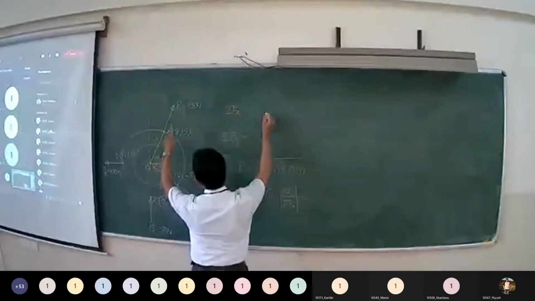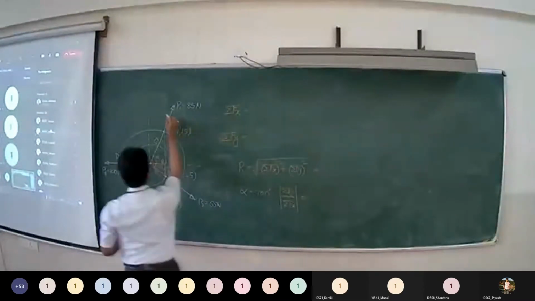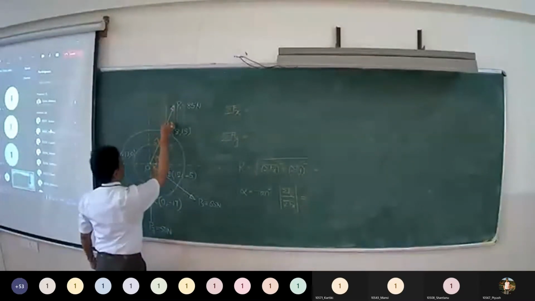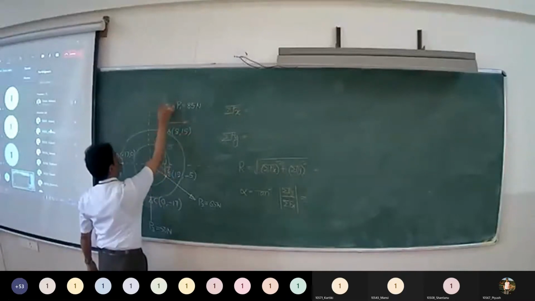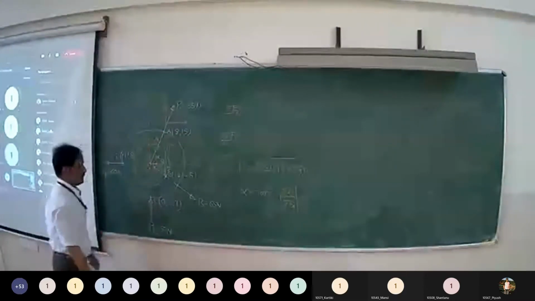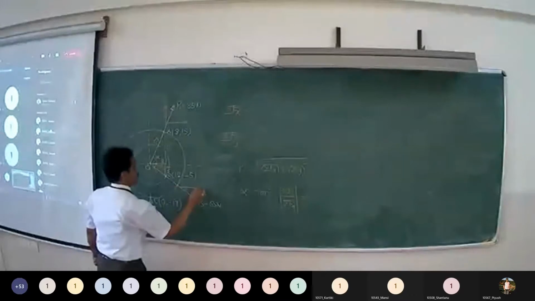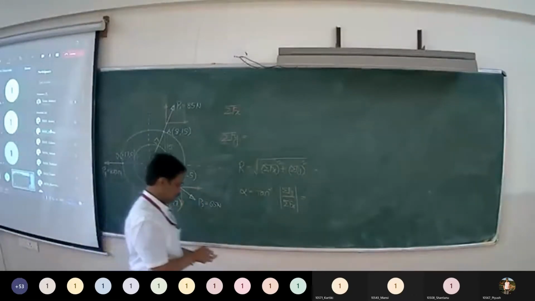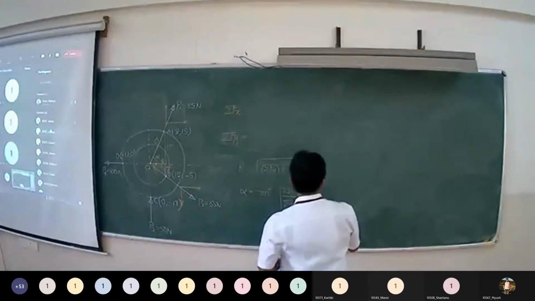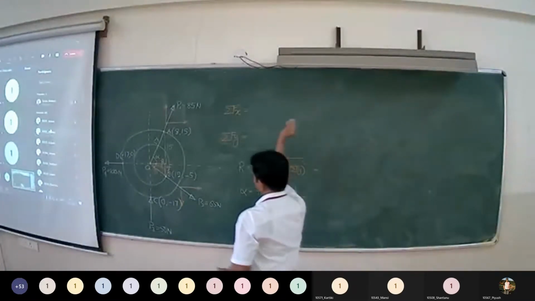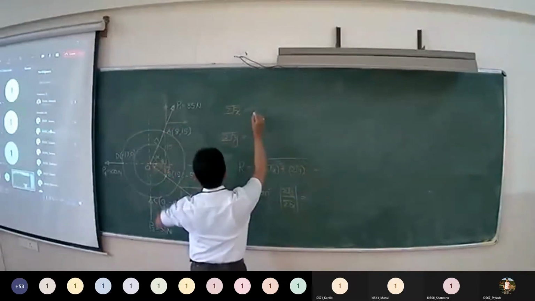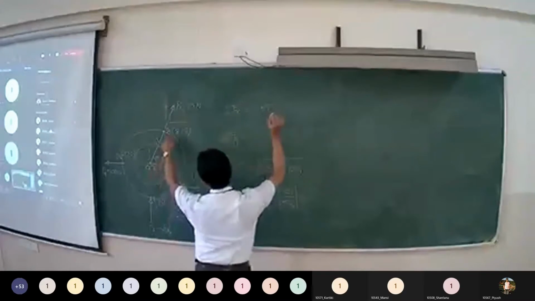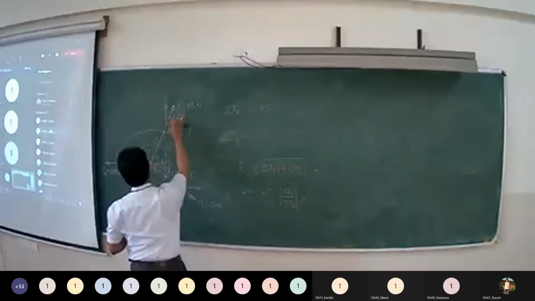So starting with P1, x component is positive, y component is also positive. For P2, x component is positive, y component is negative. Now I will write the equation, you please check. So x component of P1 is 85 cos alpha, right?